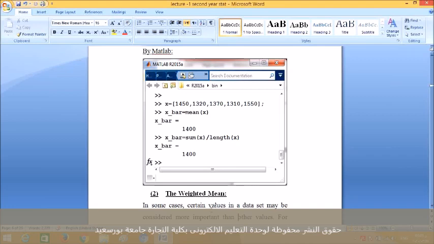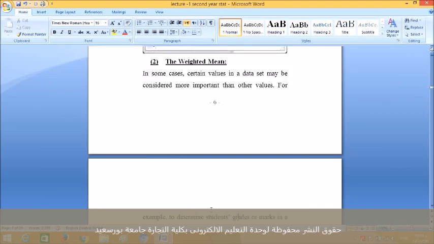Okay? The second measure of central tendency is called the weighted mean. In some cases, certain values in a data set may be considered more important than other values.